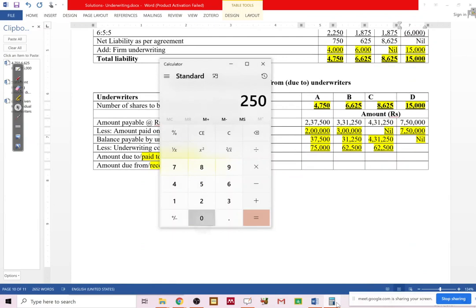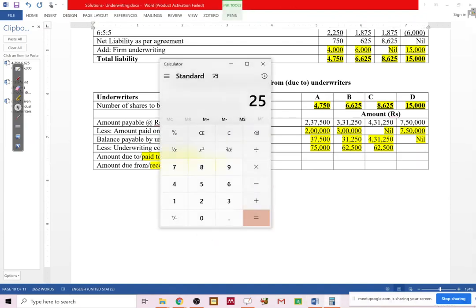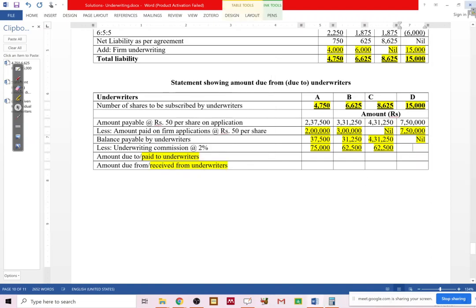So 25,000 into 100 multiplied by 2% gives 50,000. So for the last one, it is 50,000.